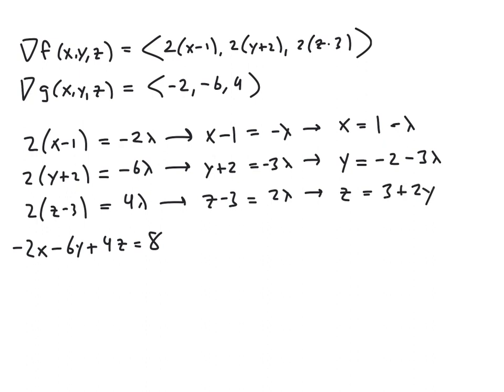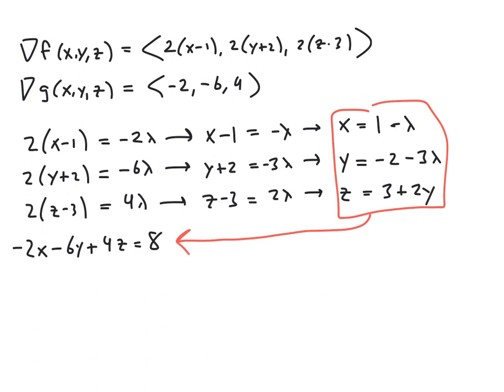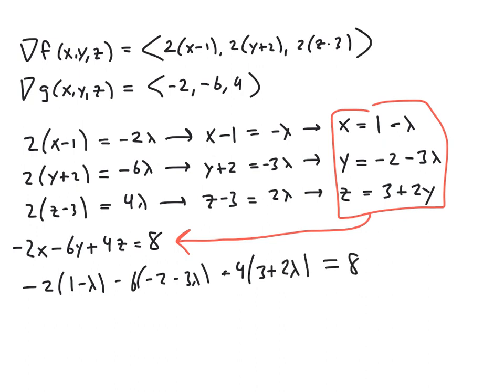Right? And so now we're going to take all three of these values and we're going to substitute them into our equation here. Right? And so when we do that, we get negative 2 times 1 minus lambda minus 6 times negative 2 minus 3 lambda plus 4 times 3 plus 2 lambda, and that all has to equal 8.